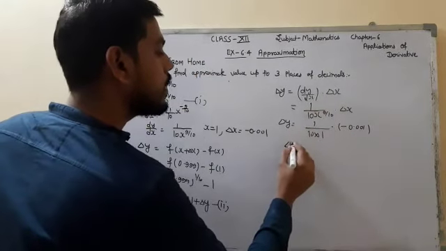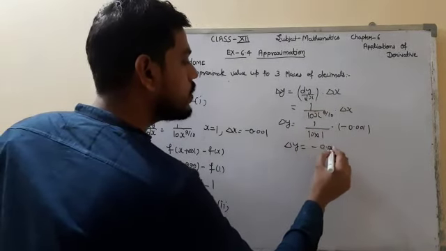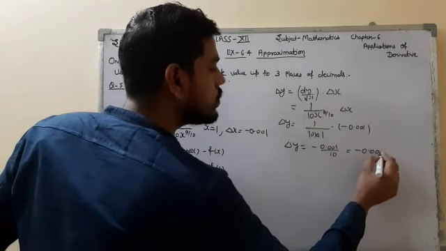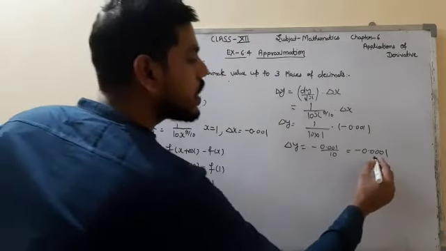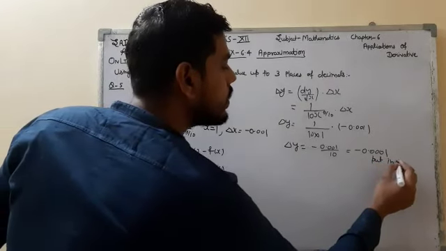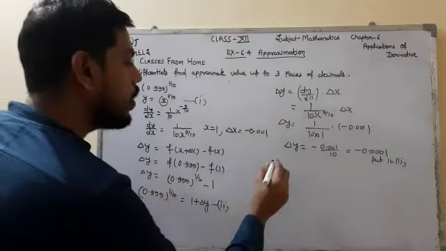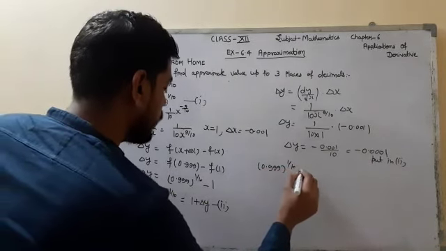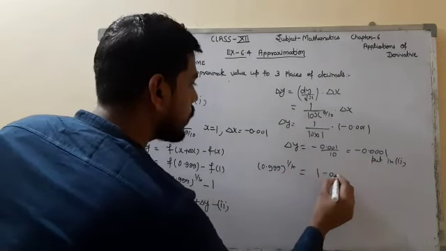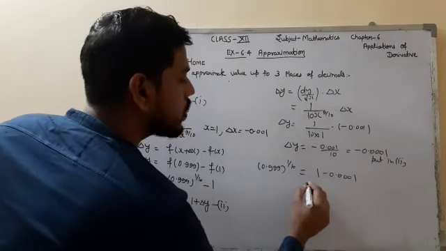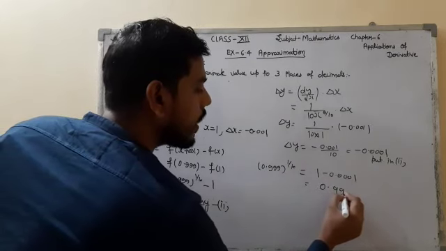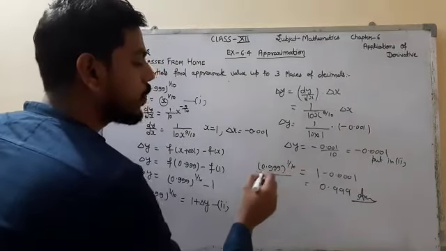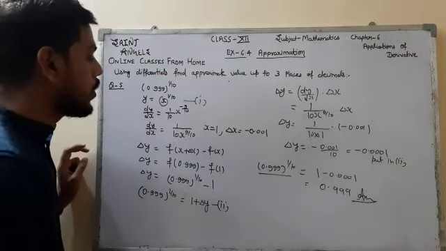So delta y equals minus 0.001 upon 10, which becomes minus 0.0001. Now put it in equation 2. The value of 0.999 raised to 1 by 10 would be 1 minus 0.0001. So the answer would be 0.9999, the approximate value of the 10th root of 0.999. Please note it down and pause the video.